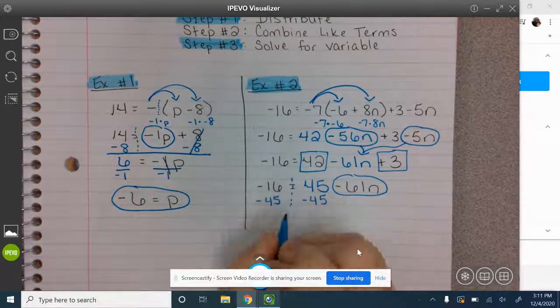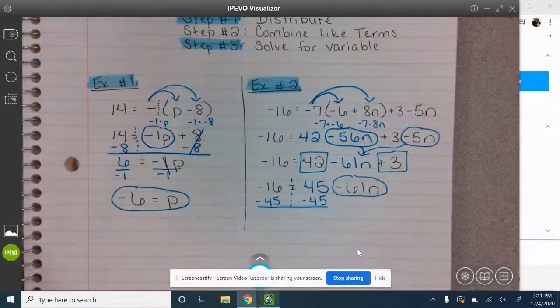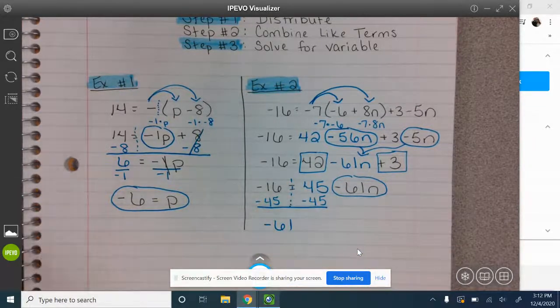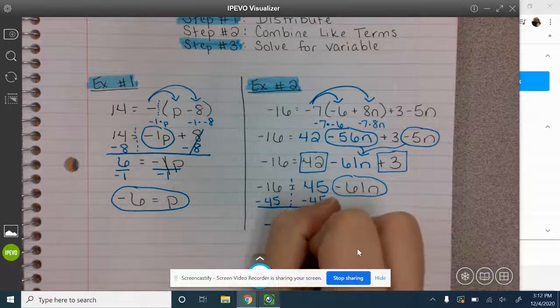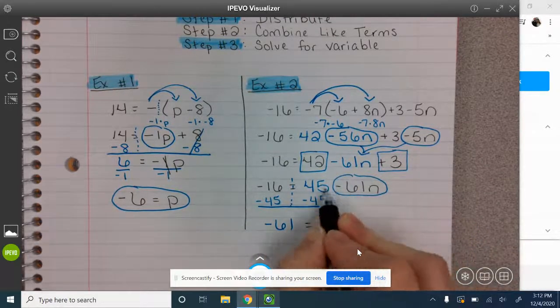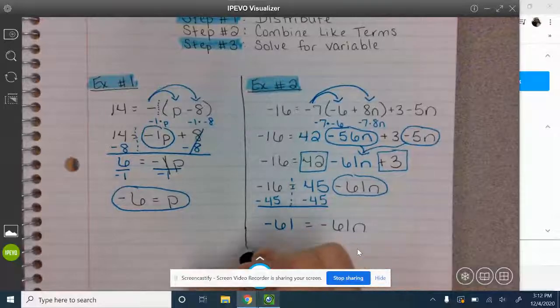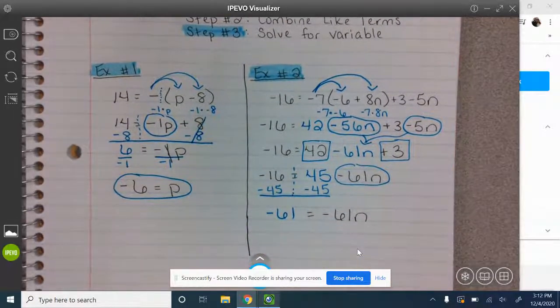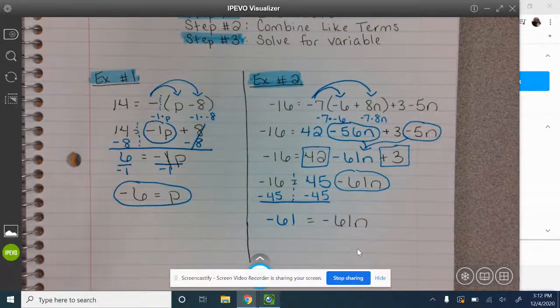Negative 16 minus 45 will give you negative 61 equals negative 61n, because I'm just writing down that whole term back over here on the right-hand side. So I have negative 61 equals negative 61n.